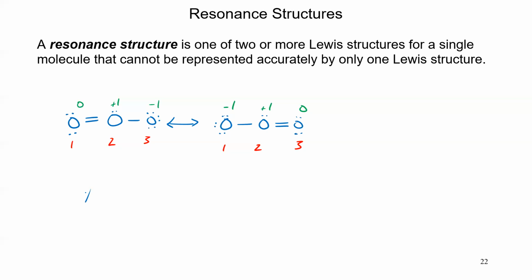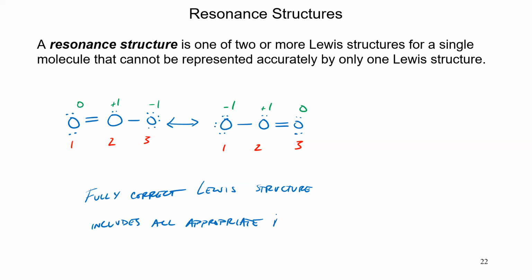And so a fully correct Lewis structure includes all appropriate resonance structures.